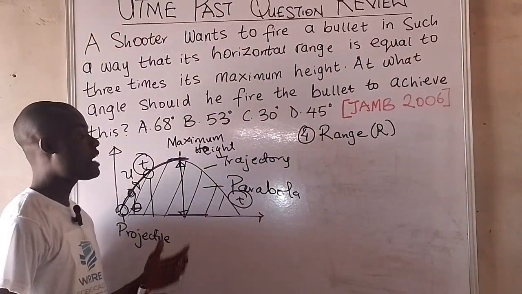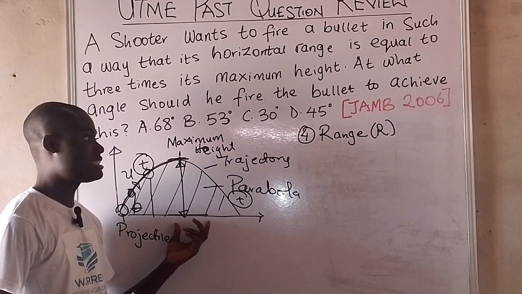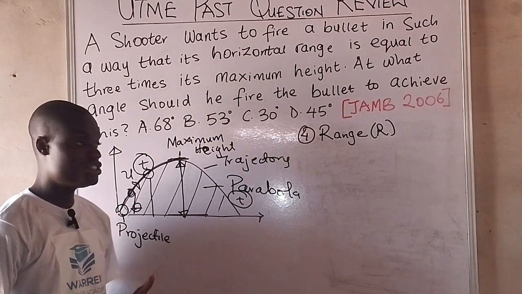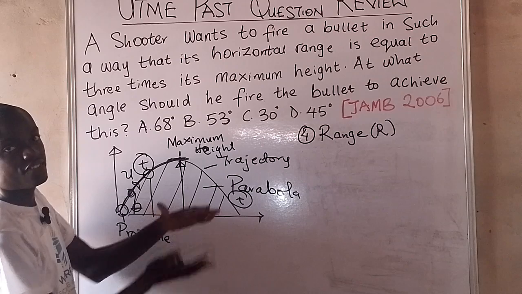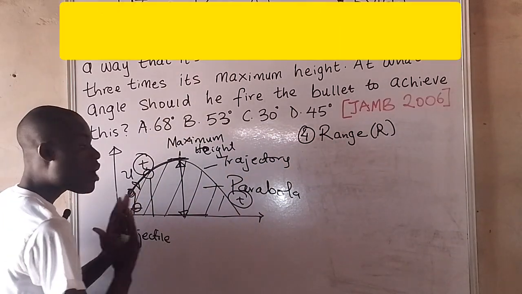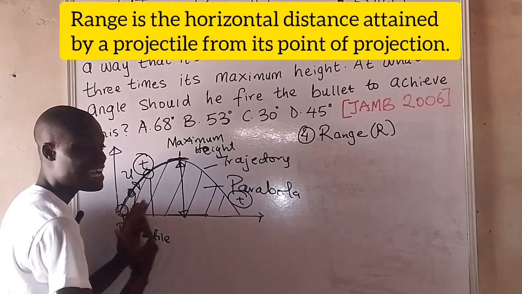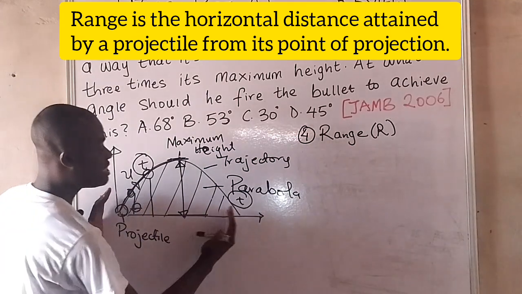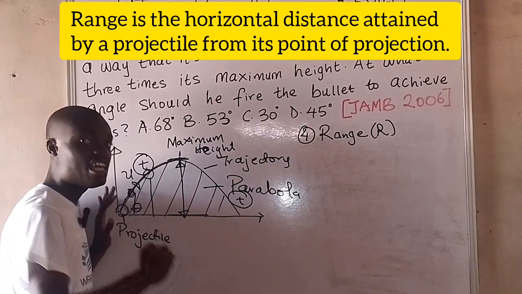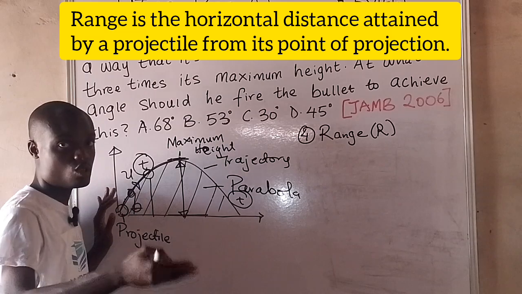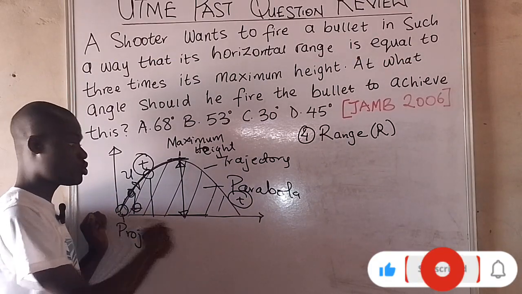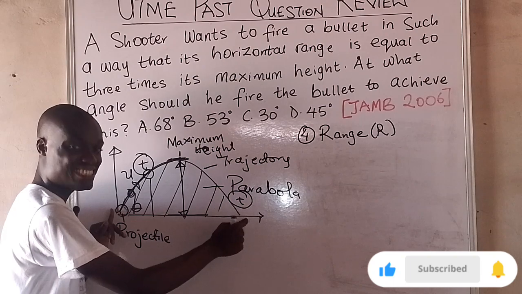The last formula we have for projectile motion is the formula for range. Remember, we have height, which is vertical distance. The horizontal distance a projectile can attain is what we call range. It is simply the distance from the point of projection to the point of landing.